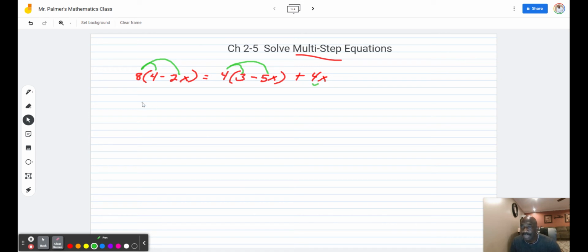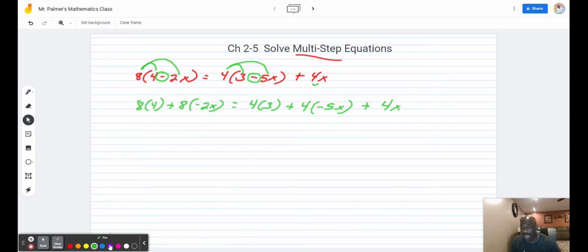Okay. So let's do it. 8 times 4 plus 8 times a negative 2x. Don't forget that negative sign. I know you see it right here. All right, let's do the other side. 4 times 3 plus 4 times a negative 5x. Don't forget that negative sign. It's right there, negative 5x. Don't forget to bring down that 4x on the end.